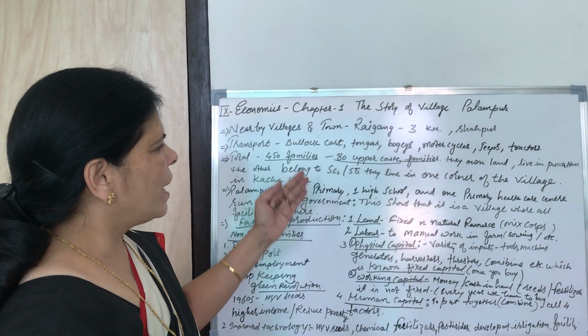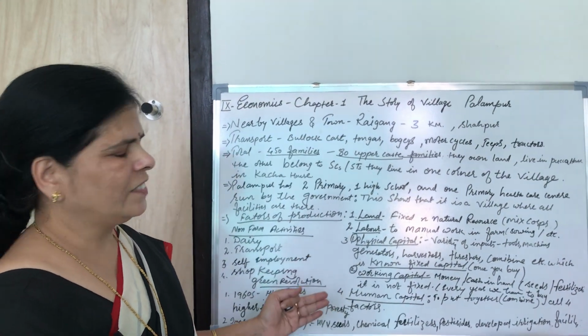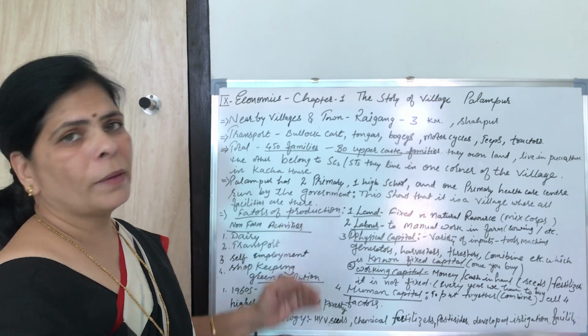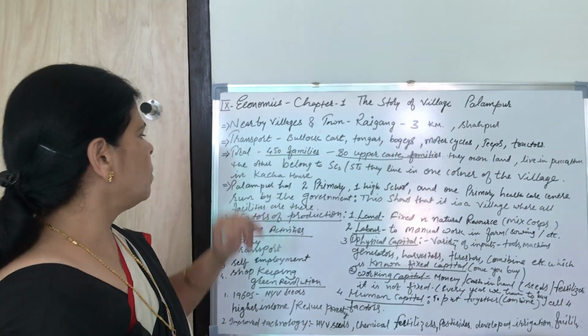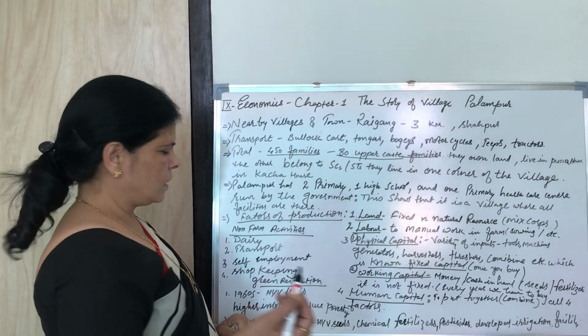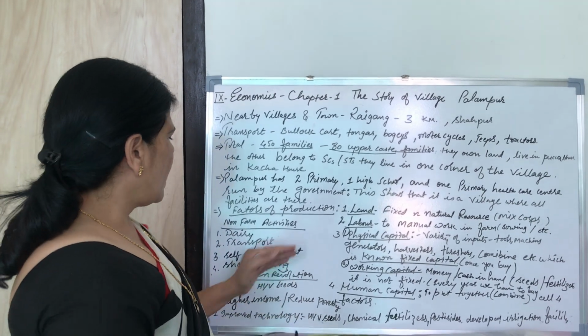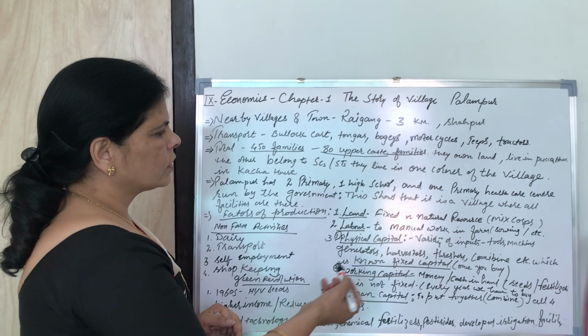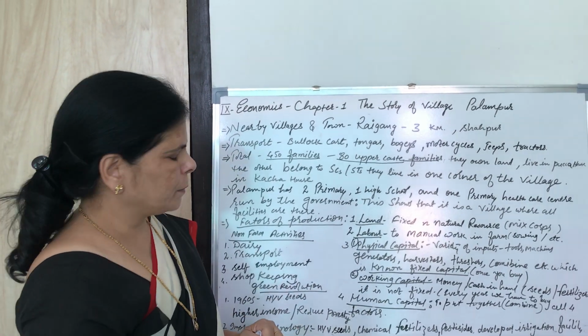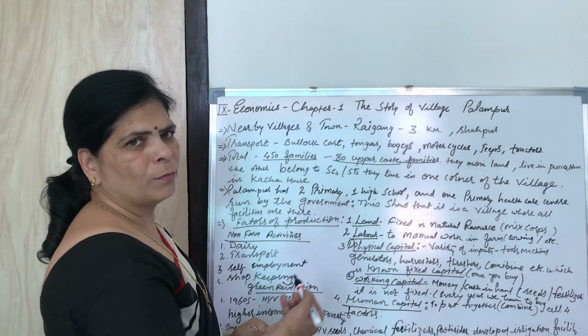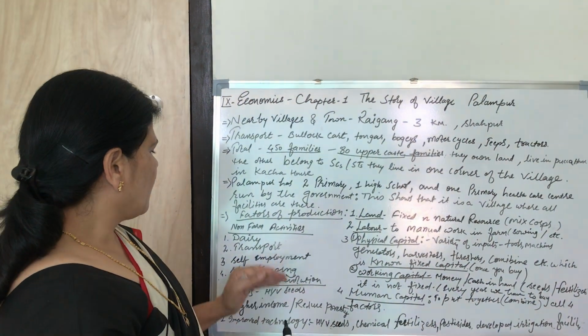Now, apart from farming, there are non-farm activities taking place in Palampur. Which are those? Let's see. The first one is dairy. As we know, Palampur is a village where people are engaged in farming. They have buffaloes and other animals.